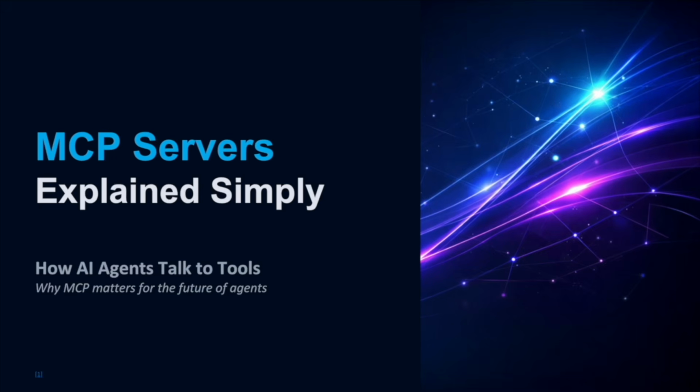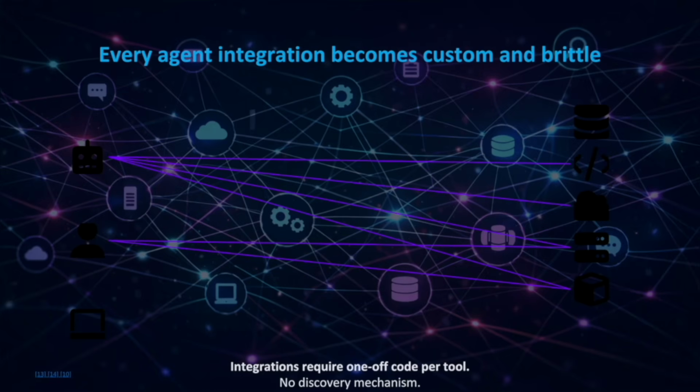You don't have to invoke any tool manually. But let's understand why we need MCP servers. Why did this thing come into the discussion? Every agent needs tools. You have developed one agent, someone else has developed one agent. Sometimes it may happen that you have developed one or two tools which will be shared by multiple agents.